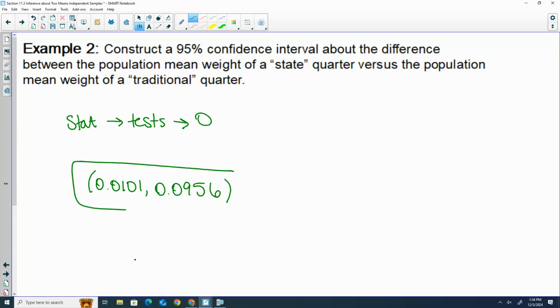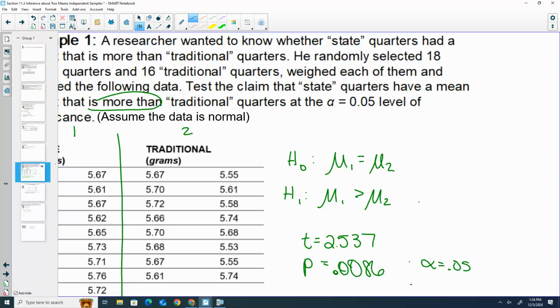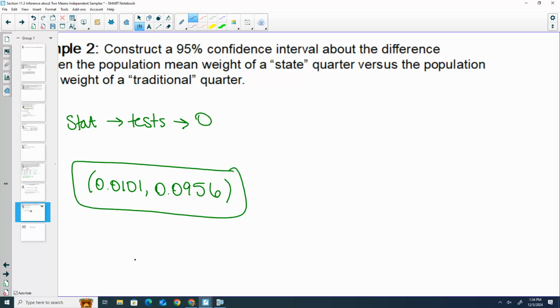Okay. The only difference is when I'm using this to decide if I rejected or failed to reject my null hypothesis, it's a little bit different because we're used to just looking at our null hypothesis and saying, okay, is this number in my interval, but I don't even have a number here. We've built a confidence interval for the difference in the means. So if they're truly the same, what should be the difference between them? 0. So kind of like yesterday, you're just looking, is 0 in my interval?